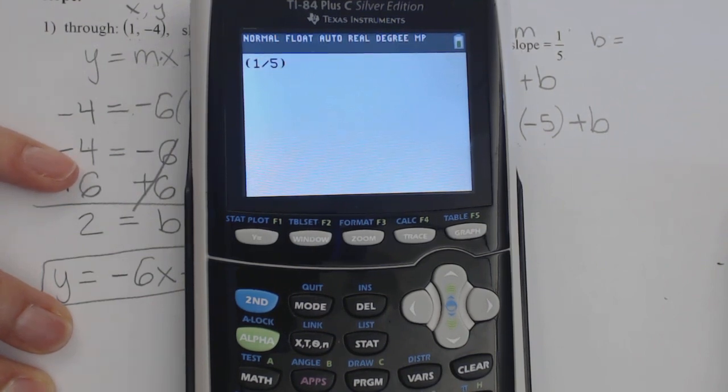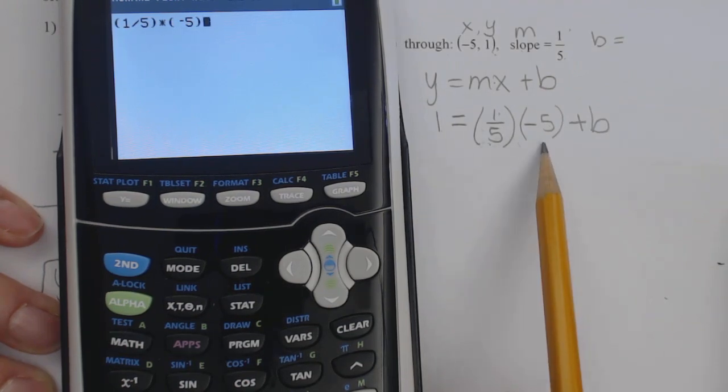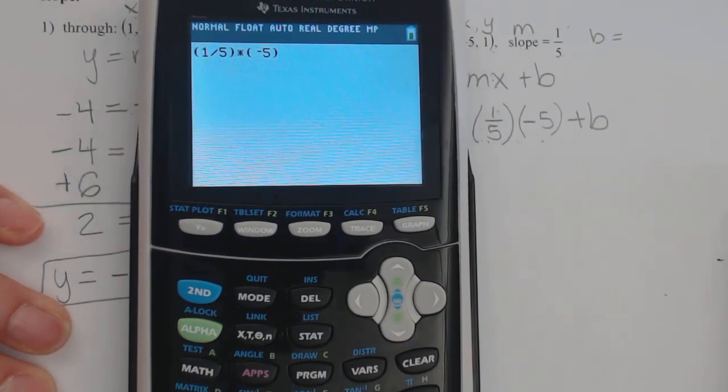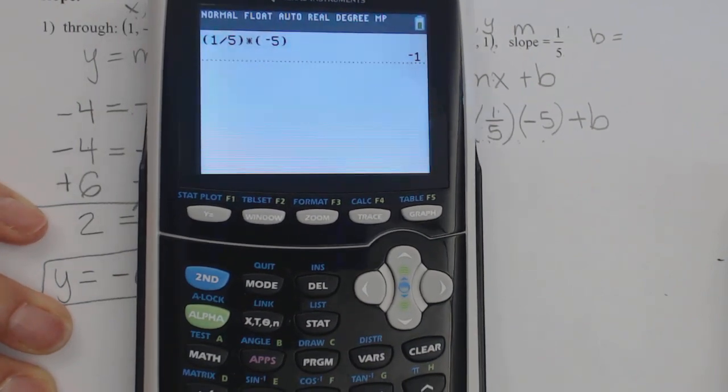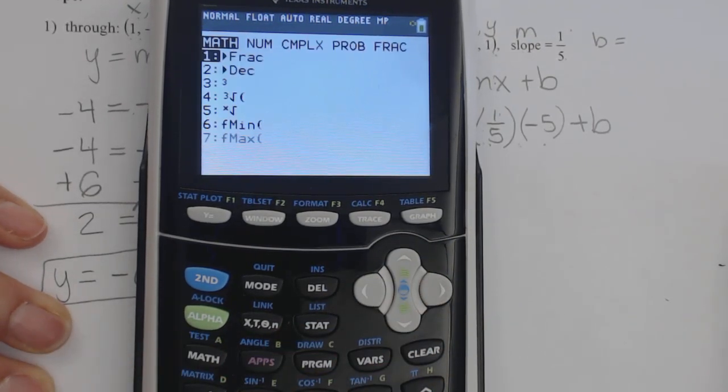Input it with the parentheses, times, and that -5. We have to do 1/5 times -5. If you press enter, it's going to give you the answer. If it was a decimal, you can always turn it into a fraction by pressing this math button.